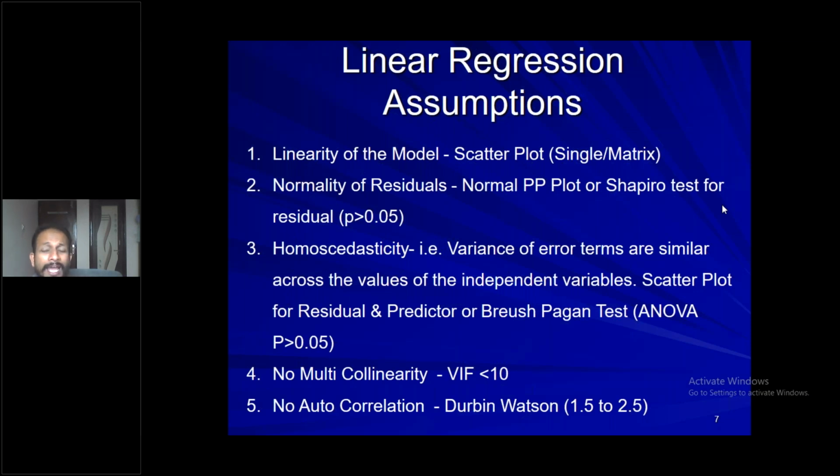I'm sure I will be able to explain this to you more mathematically when we are doing the SPSS. Right now, this is the concept. So understand that when we are comparing across different groups, if there is variation within one group, the variance of the error term will be there. That's what I'm trying to compare, sir.